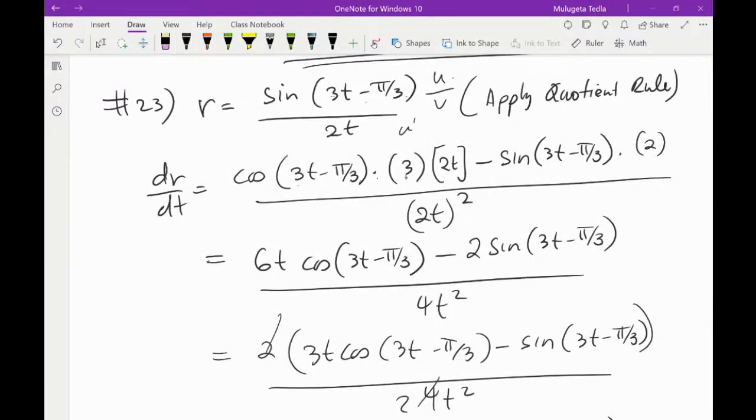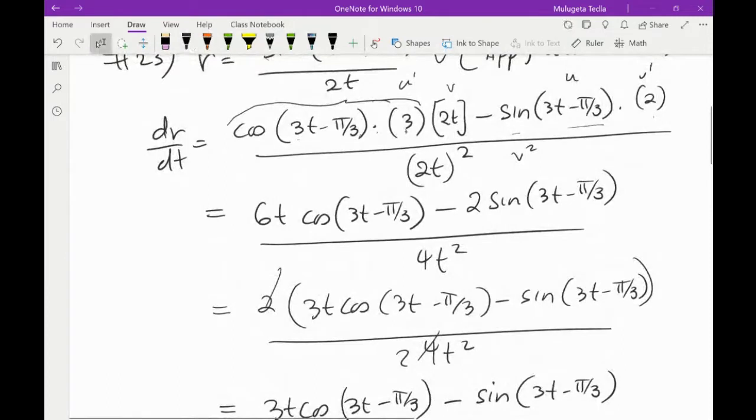Okay, so that is not right. So this is 3, this is u prime, and this is v. So times v, which is the denominator, minus the top times the derivative of the denominator. This is u v prime over v squared, right?